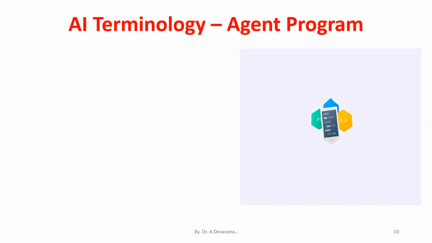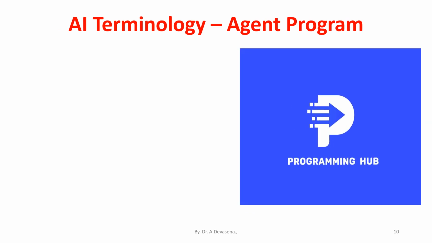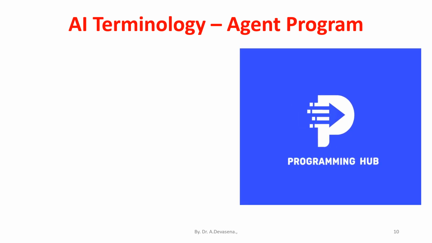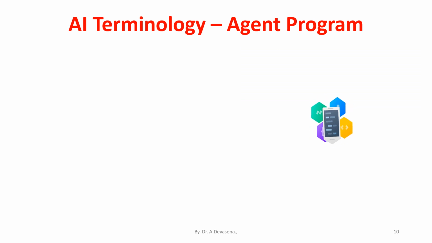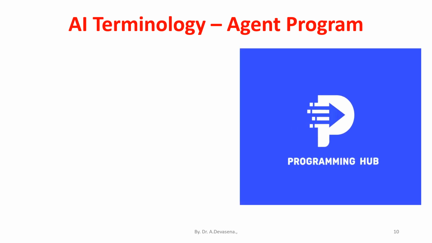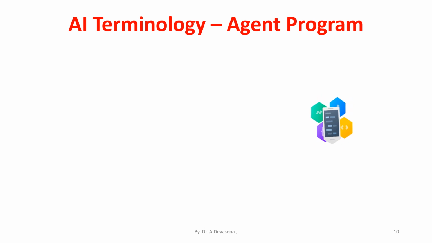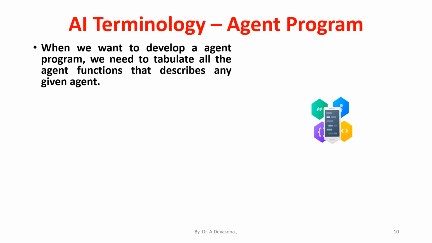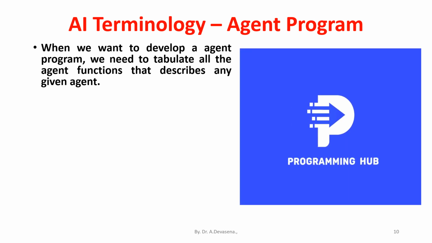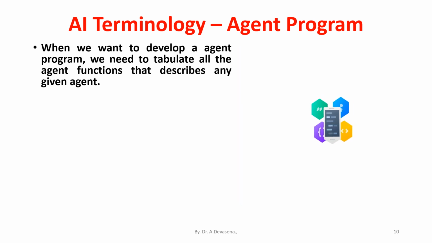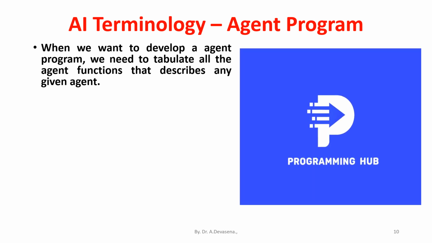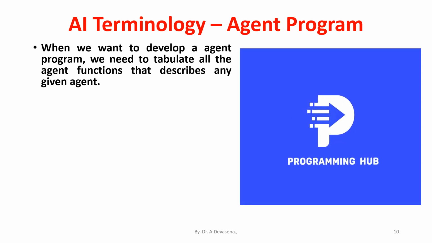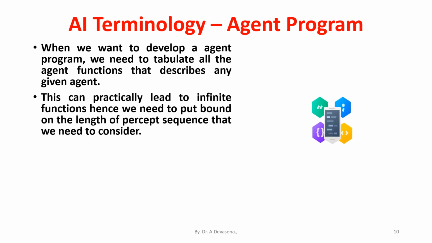The fourth terminology we are going to discuss is agent program. When we want to develop an agent program, we need to tabulate all the agent functions that describe any given agent. This can practically lead to infinite functions, hence we need to put a bound on the length of percept sequence that we need to consider.